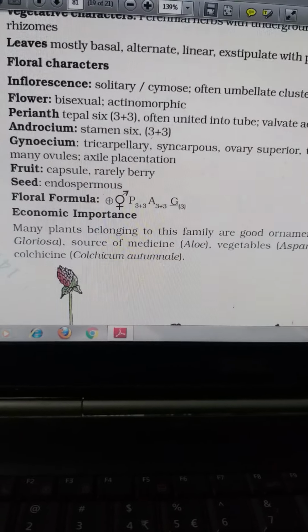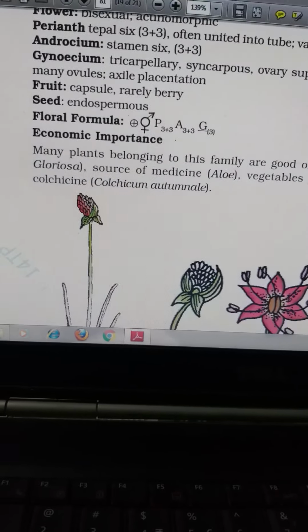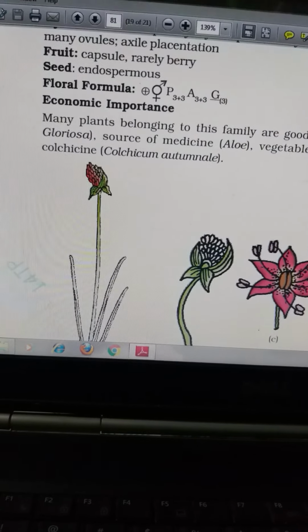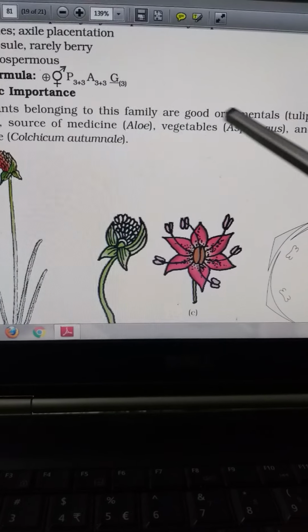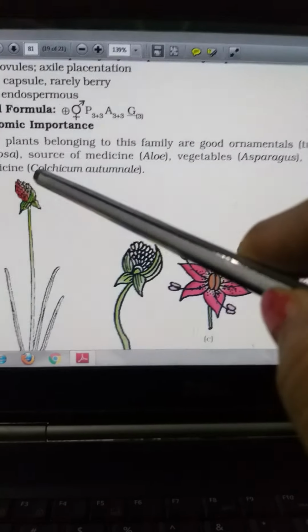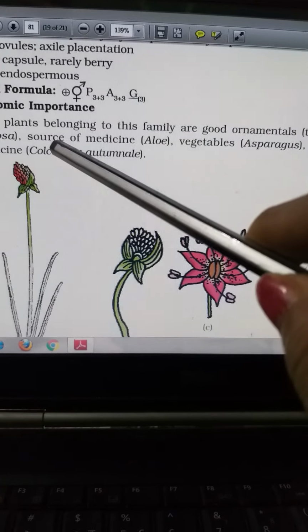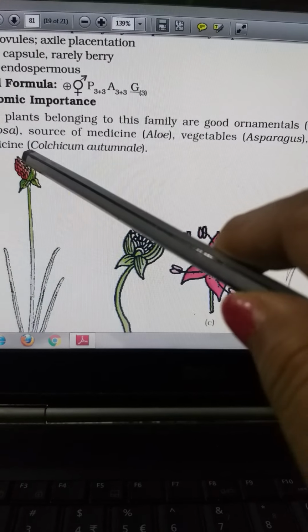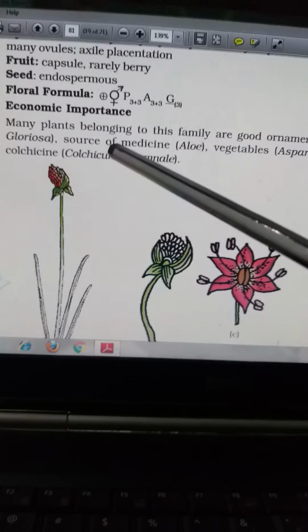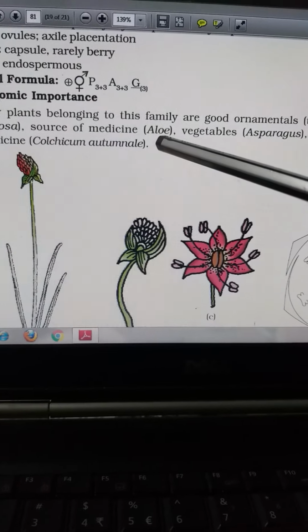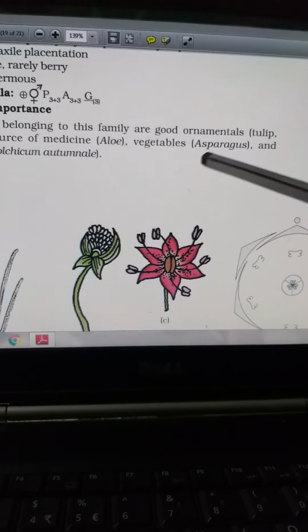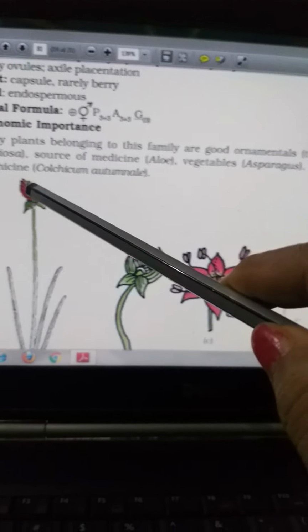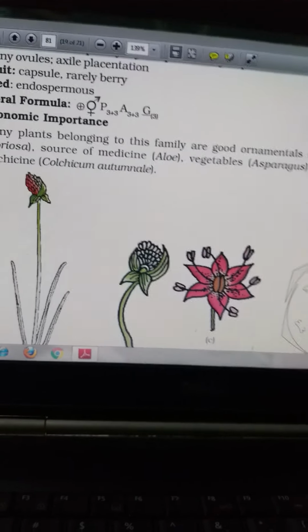Okay, so this is basically the formula, and that goes well for all the plants belonging to the Liliaceae family. And the economic importance is specifically, the majority of them are either ornamental or have medicinal value. For example, tulip and gloriosa have ornamental value, that means they are show flowers. Then sources for medicine, aloe. This is for medicinal use, and vegetables like asparagus, and Colchicum autumnale.